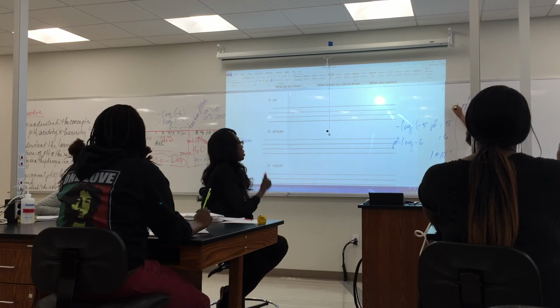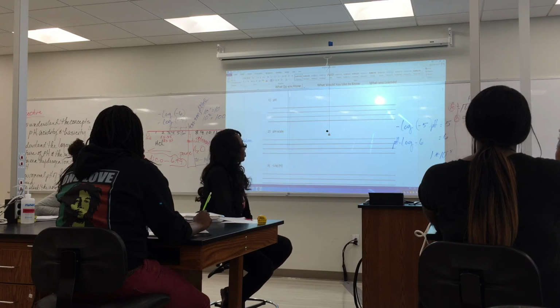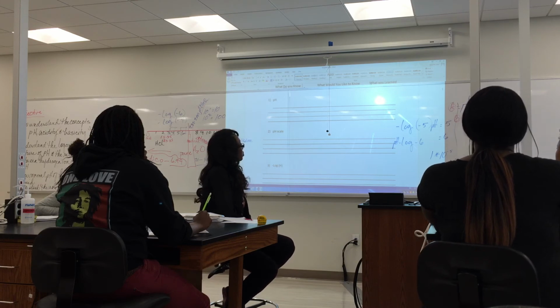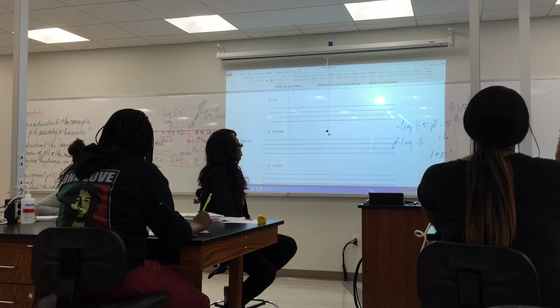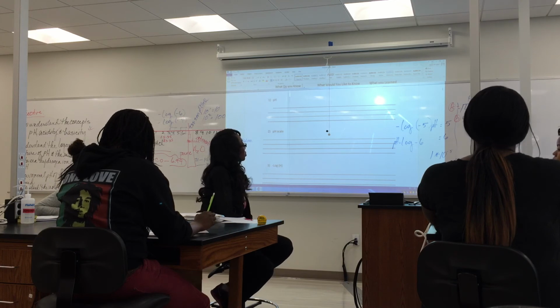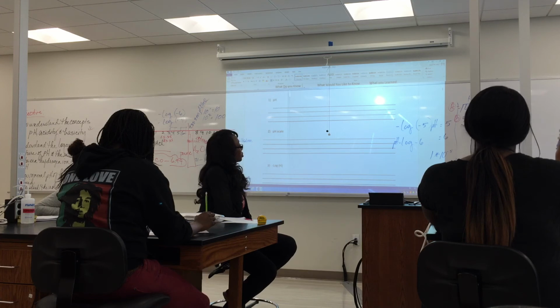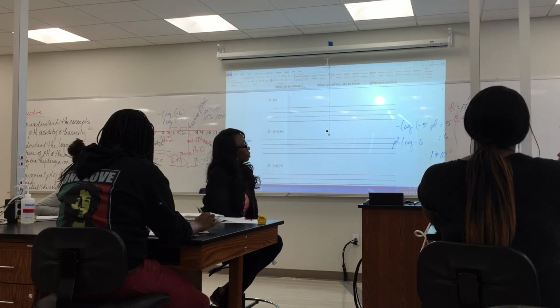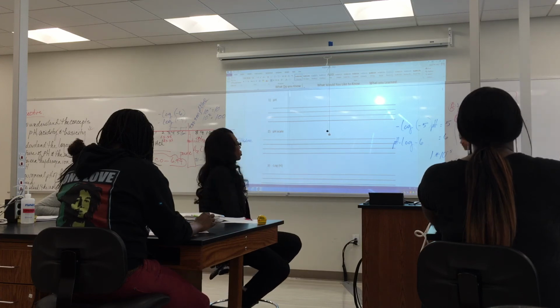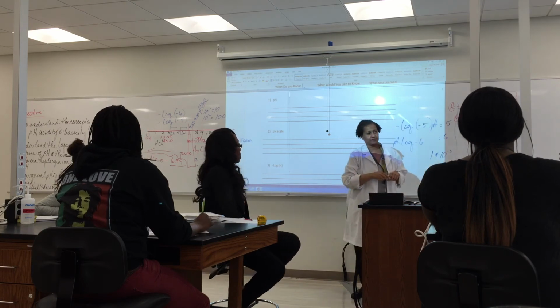This is A, and this is B. Which is the better buffer, A or B?